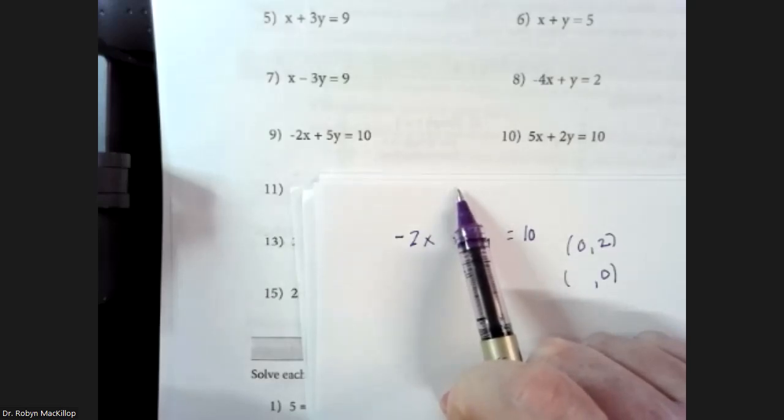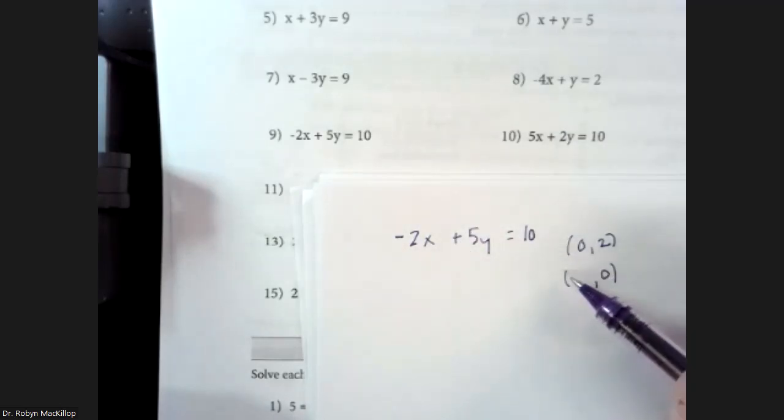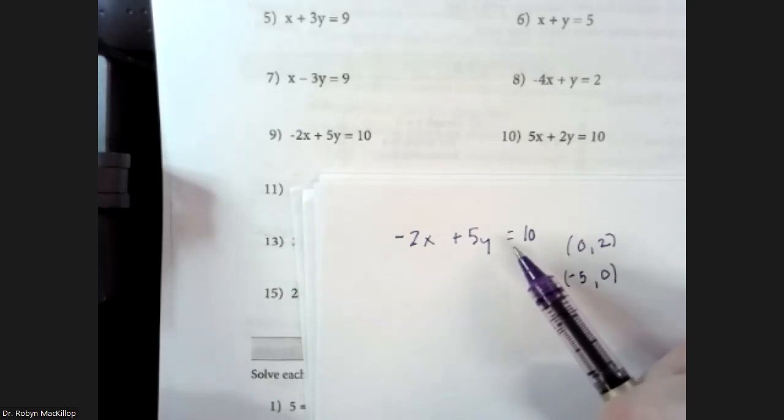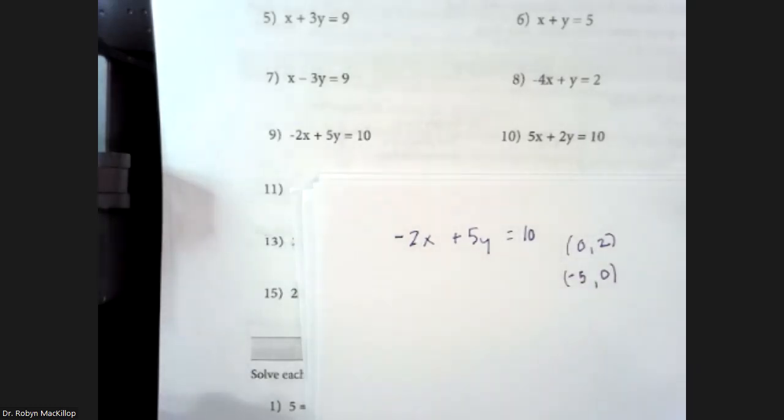Now we've got -2x equals 10. We're going to divide out that -2. And what is -5? Perfect. And that's it. And now you can graph them. You can plot them on the graph. And that line will be this equation. Interesting. Who knew, right? I know, right?